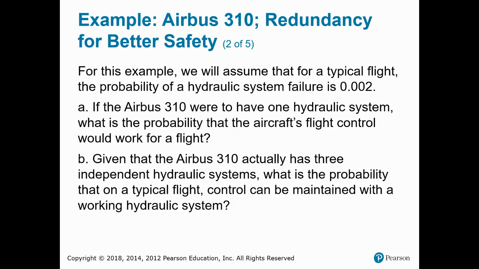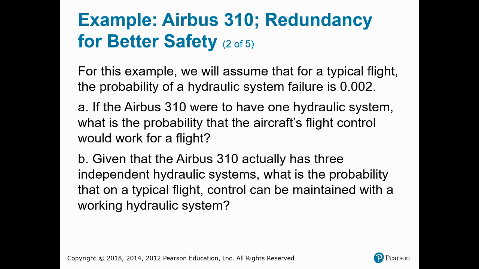So on a typical flight, the probability of a hydraulic system failure is 0.002. If the Airbus 310 were to have one hydraulic system, not 3, what's the probability the aircraft's flight control would work for a flight?